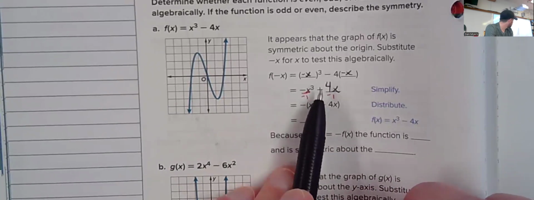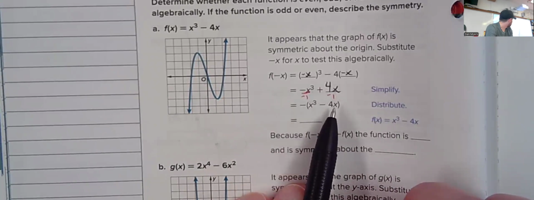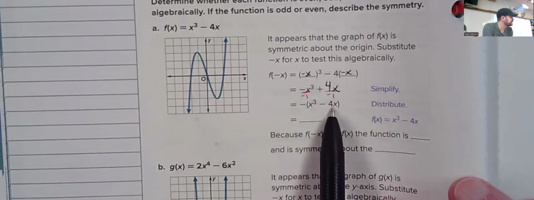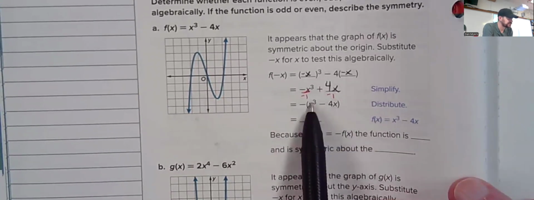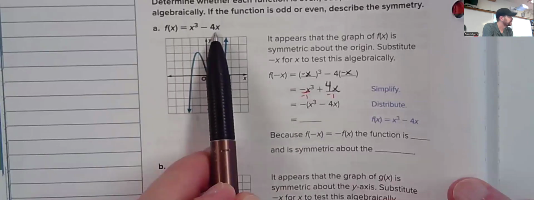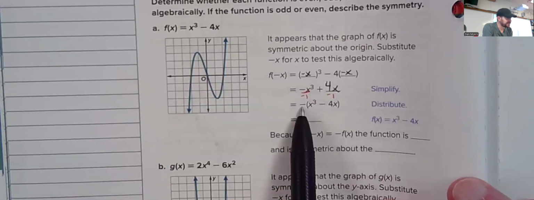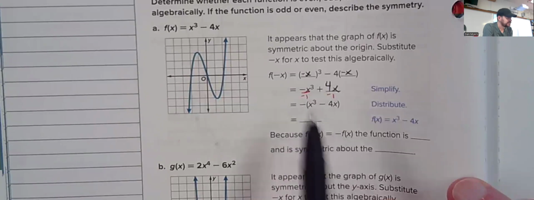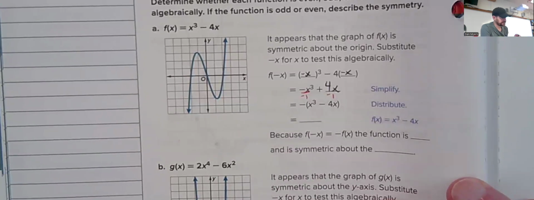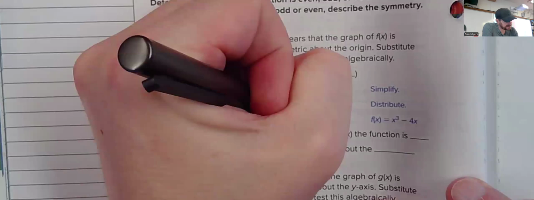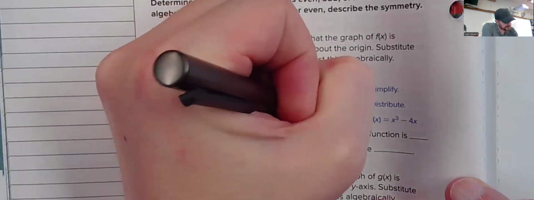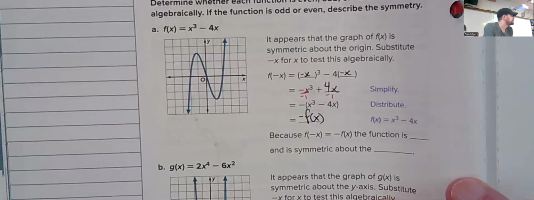And a positive divided by a negative is a negative, so that's negative 4x. Now, x cubed minus 4x is the original function. But now we have a negative on the outside, which means that we have a negative function of the original value of x.